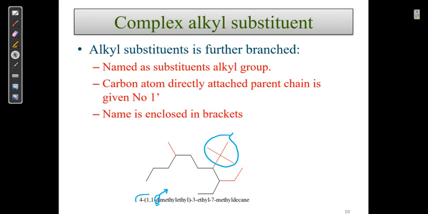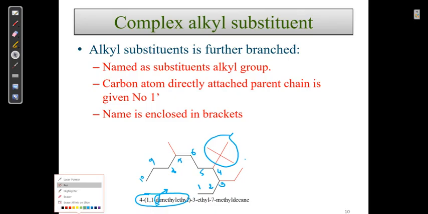So we have to give the priority to them also. So how have they given the number? They have given number 1, 2, 3, 4, 5, 6, 7, 8, 9 and 10. And again in the 4, they have given a number in such a way that 1 and 2. Okay, so this is 3-ethyl 7-methyl decane.